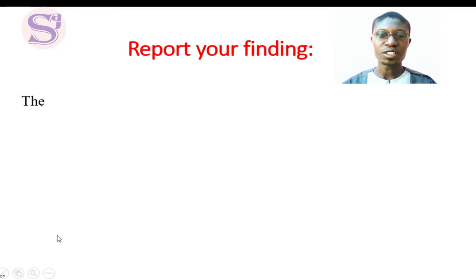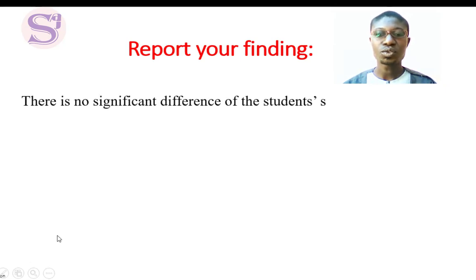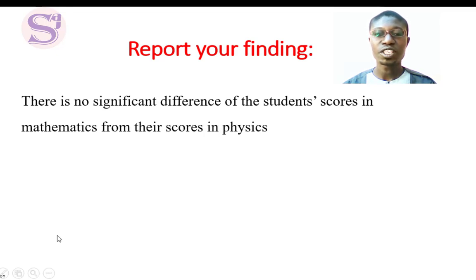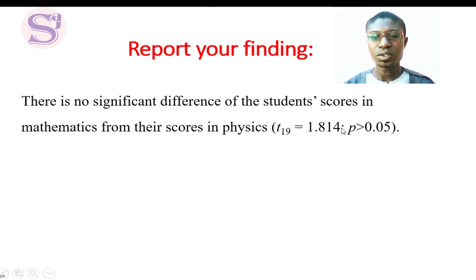Now reporting our findings, we can say that there is no significant difference between the student scores in mathematics and the student scores in physics. Then in parentheses, we bring out the empirical result by saying our t-test at degrees of freedom 19 is equal to 1.814, and our probability value is greater than 0.05.